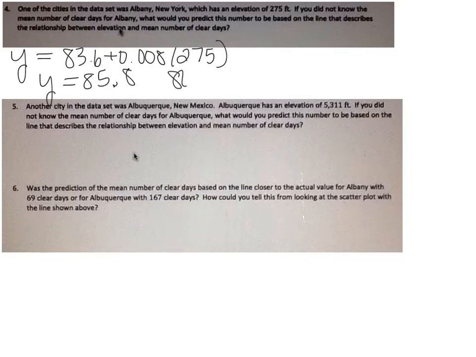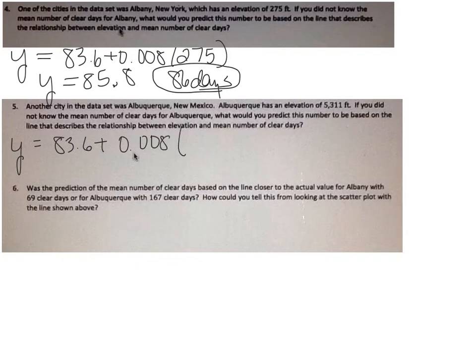So let's just round that to 86 days. And then Albuquerque, that has an elevation of 5,311 feet. So go ahead and plug that into the model, calculate it, and it looks like we have about 126 days.